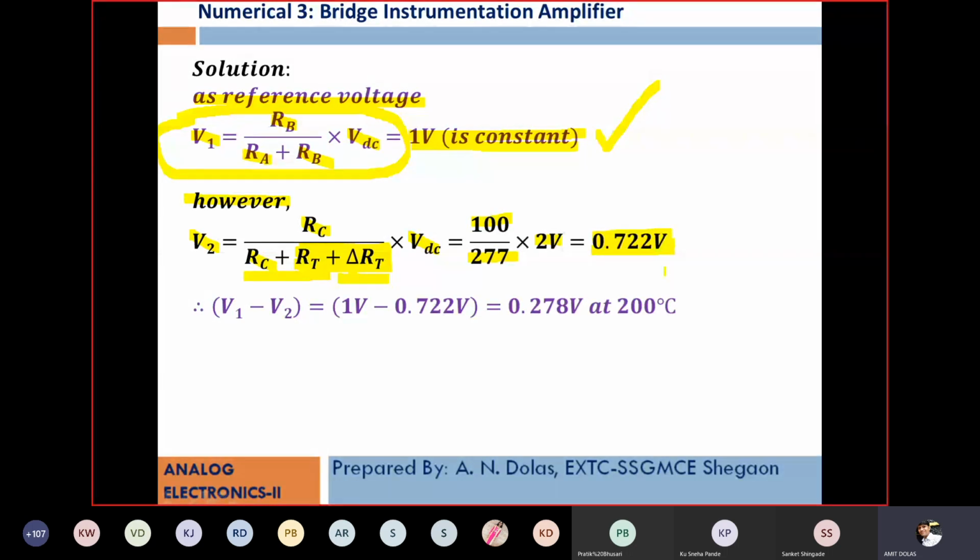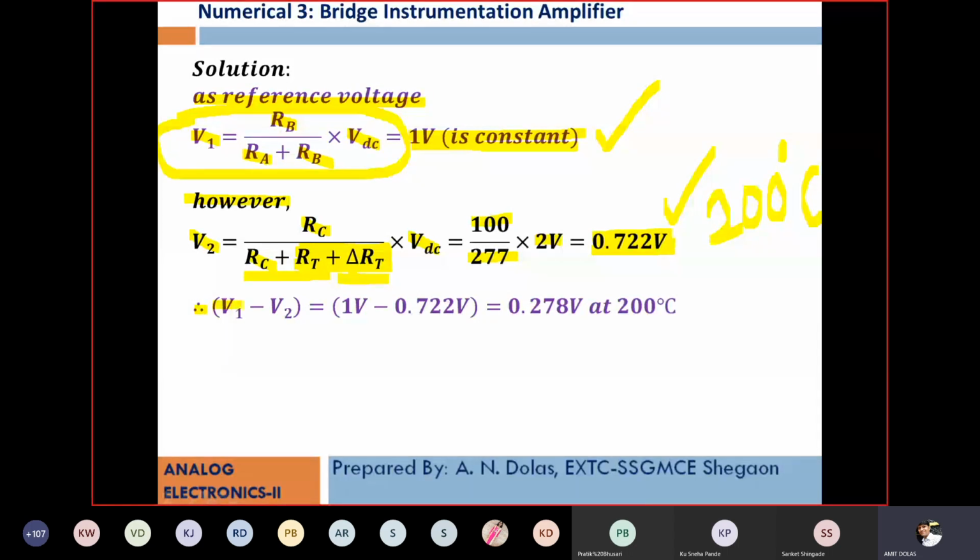So initially when the bridge was balanced, at that time V2 was 1 volt, but due to the 200 degree centigrade change, its value is reduced, V2 value is reduced to 0.722 volt.